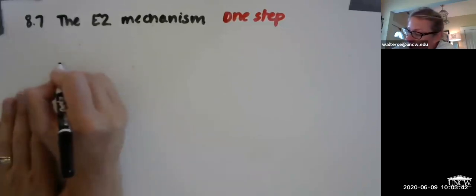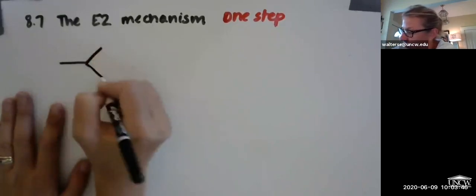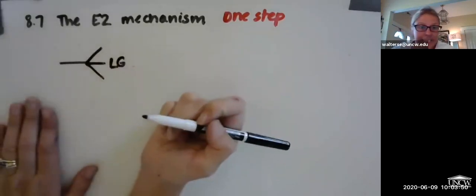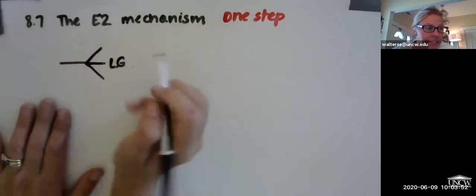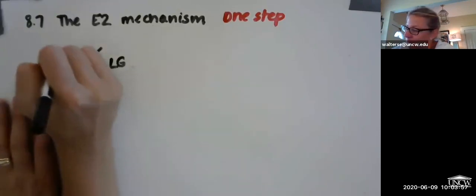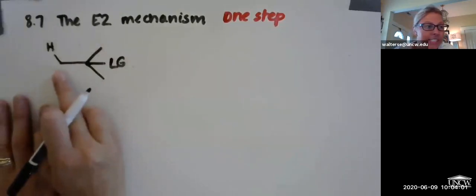Okay, so I want you to draw your substrate really basic, like this. And of course, you'd know that this is a good leaving group. But I want you to indicate one specific proton.